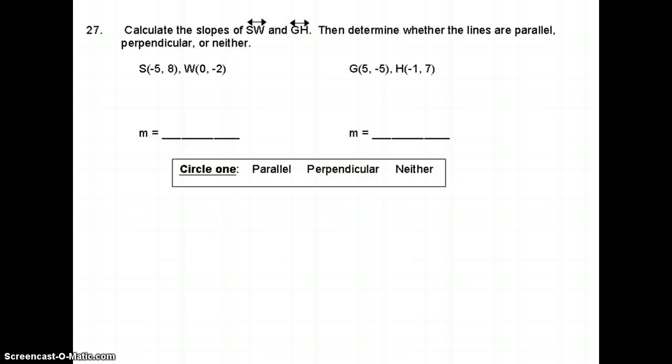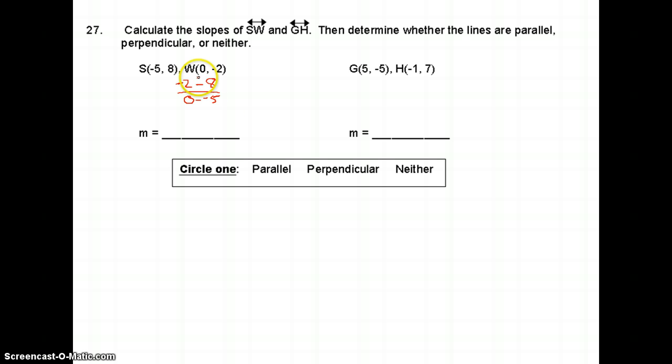Next. 27. Calculate the slopes of SW and GH, then determine whether the lines are parallel, perpendicular, or neither. Okay. We already talked about the slope formula, so I'm just going to do it. y2, negative 2, minus 8 over 0 minus negative 5.